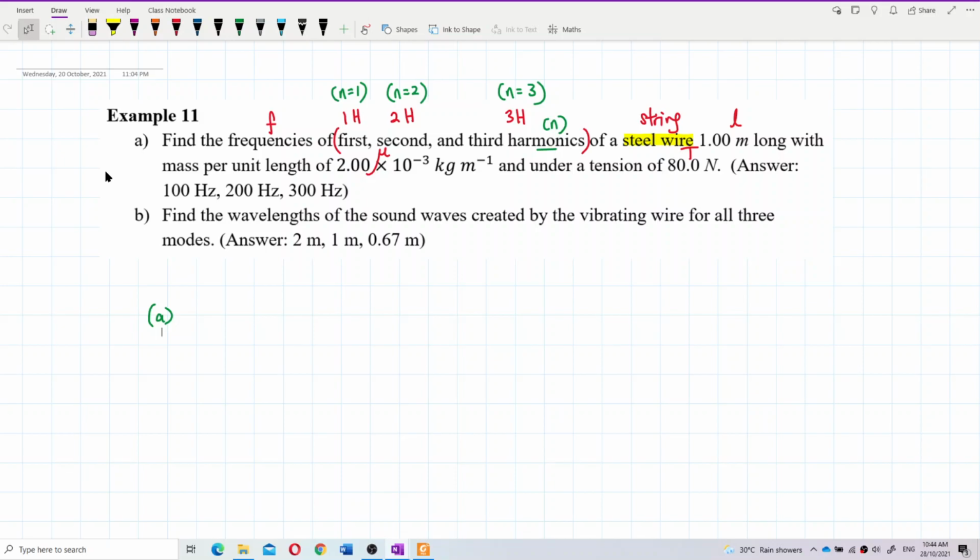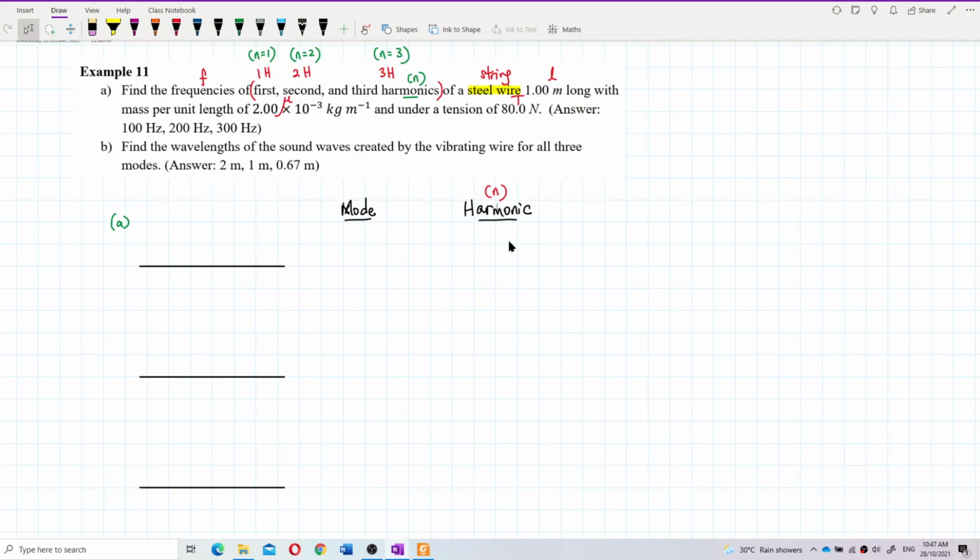Okay, so let's draw it out. We begin with drawing the fundamental mode. Let me draw a picture over here. Okay, so now this is the picture here. This is the mode, which is the fundamental mode, first overtone and second overtone. And this is the number of harmonic, which is the value n. First harmonic, second harmonic, third harmonic.